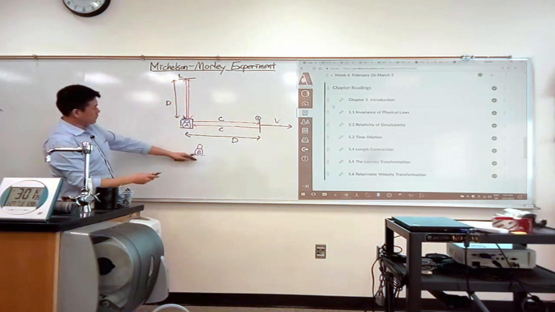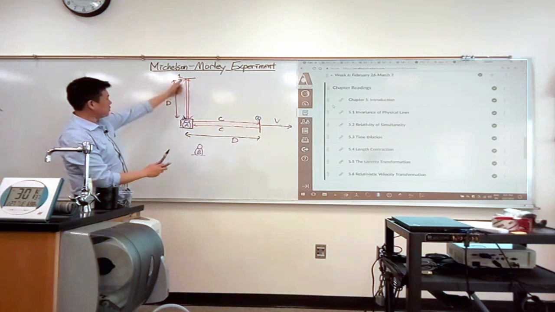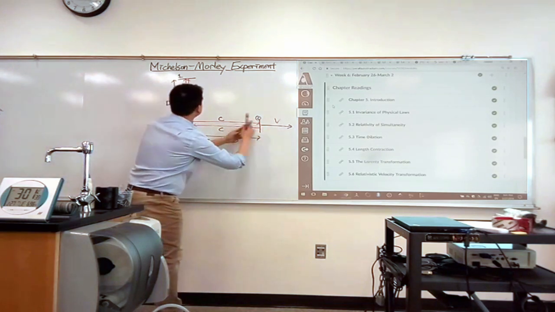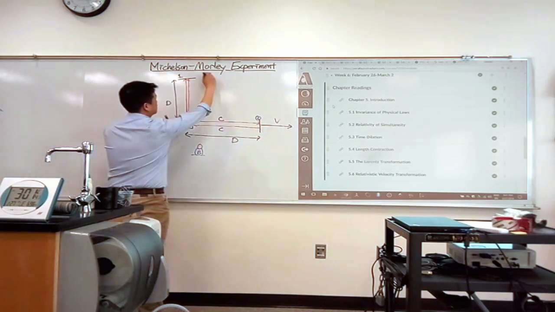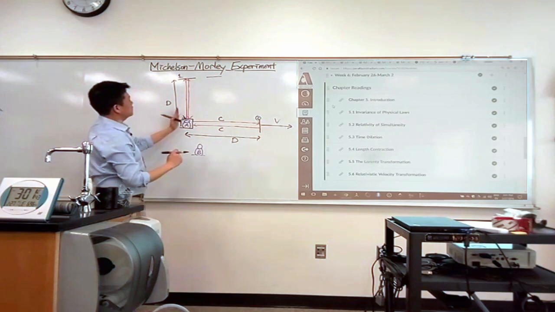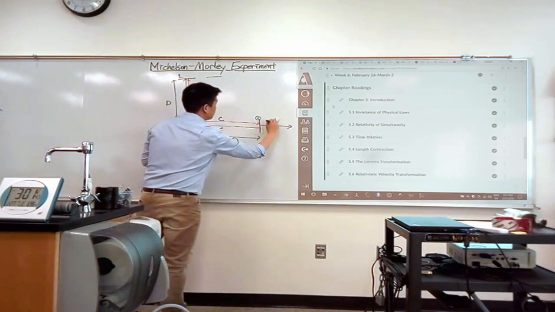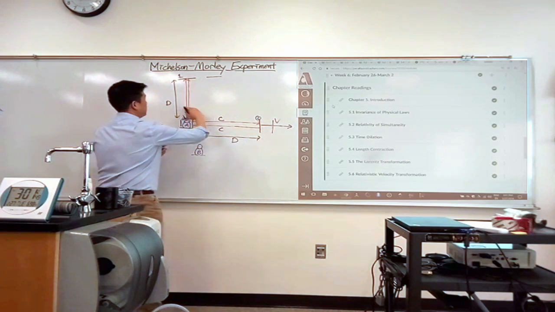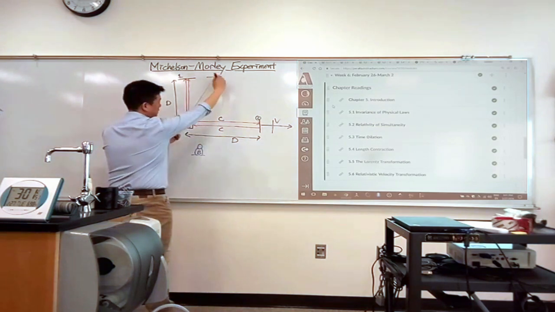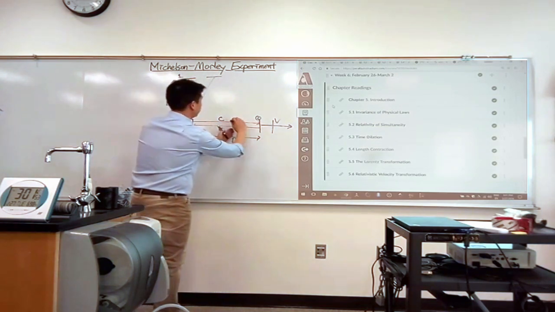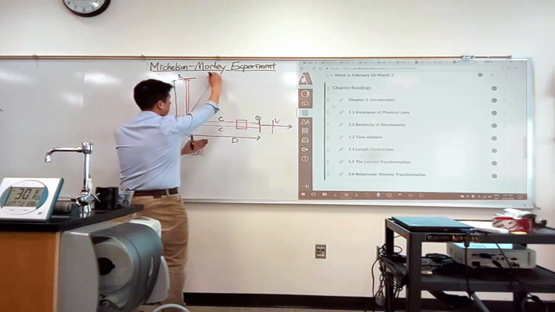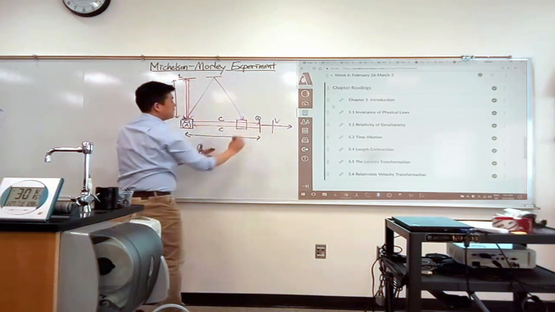So from the perspective of B, as the light travels up, the entire apparatus moves over. So this moves over here. This moves over here. Light hits here. And by the time light comes back, this whole thing moves over here. And light comes back here.